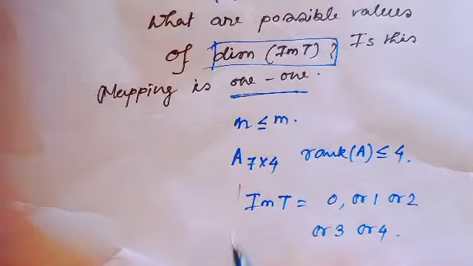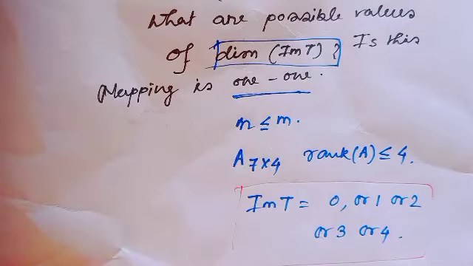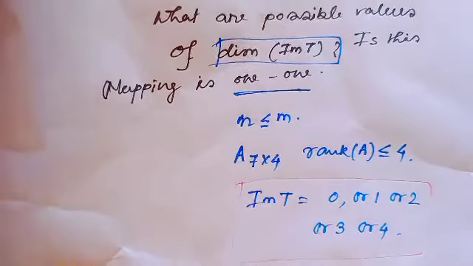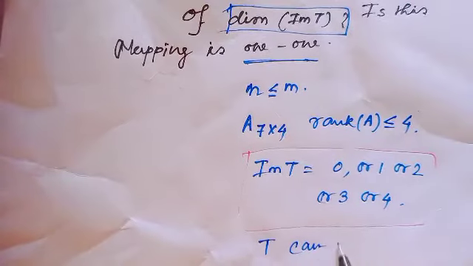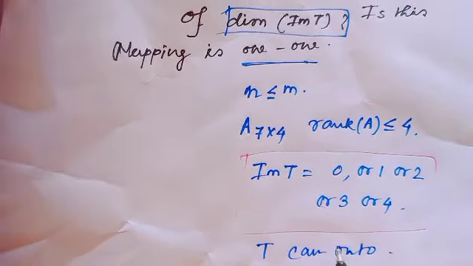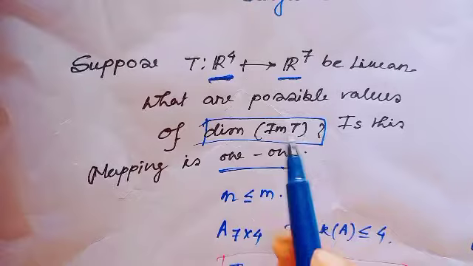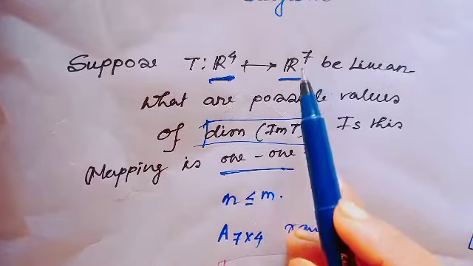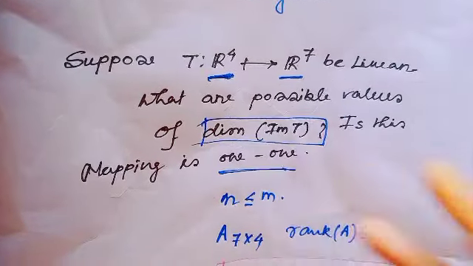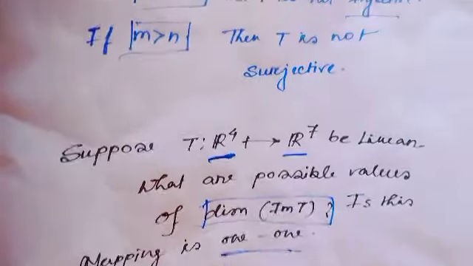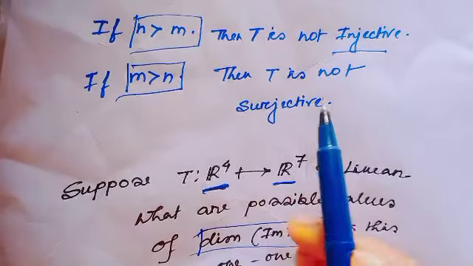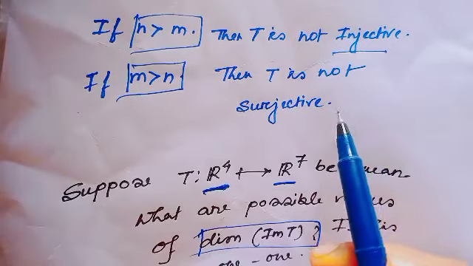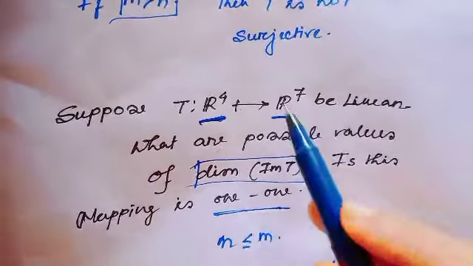By this formula we can tell obviously this mapping T cannot be onto because the dimension of image T cannot be 7. Also by this formula we can tell T cannot be onto because here 7 is greater than 4.